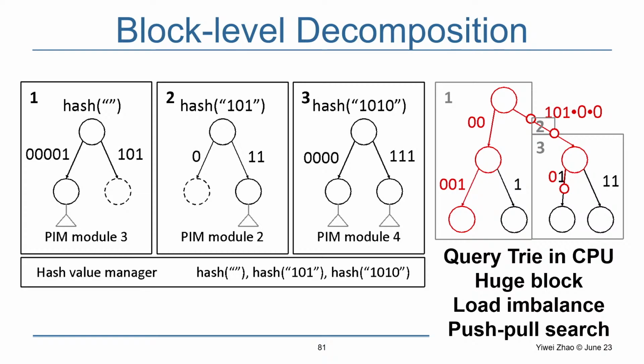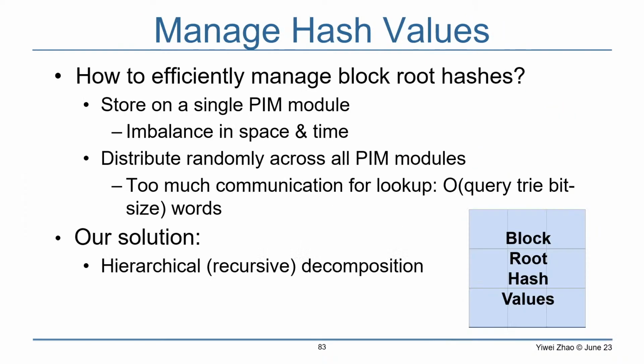After you have this decomposition, you need to do push-pull search for each of these blocks to ensure you do not run into the load balance problem by sending a huge block to a single PIM module. Which, in other words, means that these blocks must be small. Otherwise, you are pulling a huge amount of data. That's also bad. So if this is small, this is large.